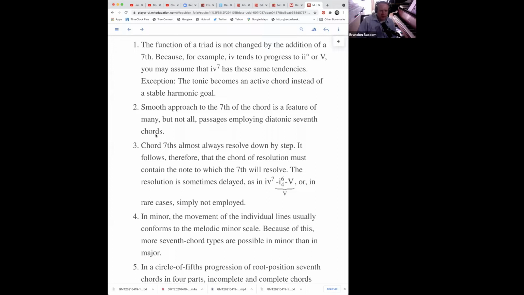All right, this is a fun example because there are multiple analyses that you could use. There is a 1/7 chord.